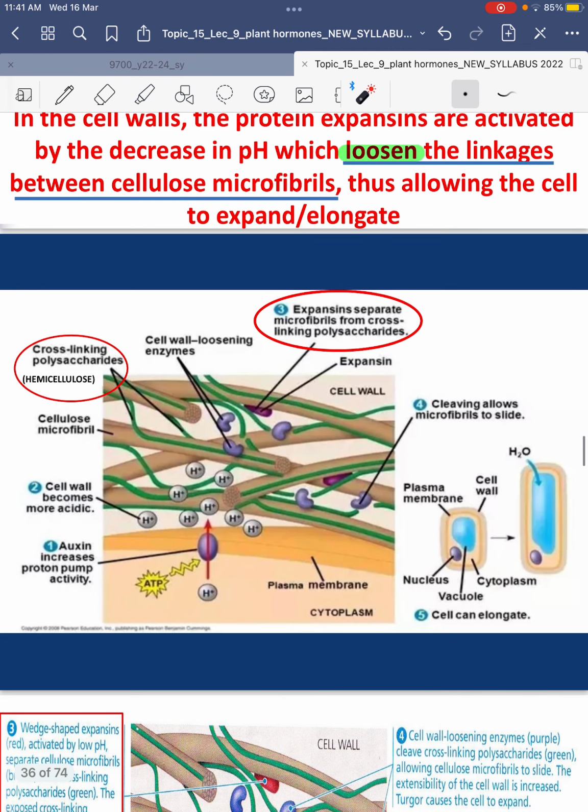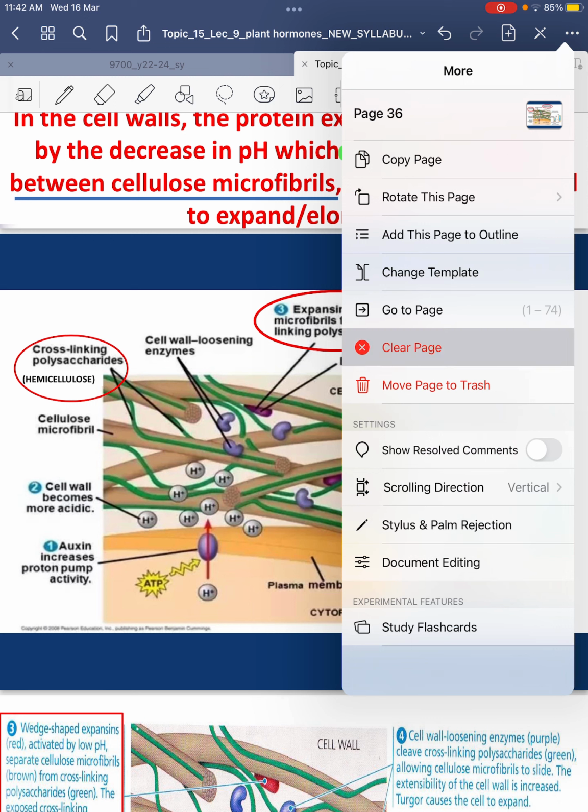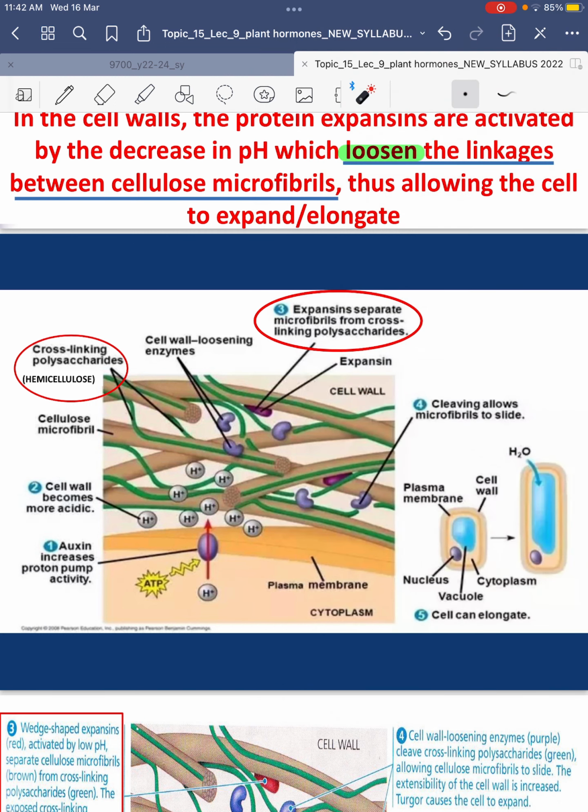Right, now this is from the same images that I provided yesterday with the Venus flytrap, except that we are not dealing with the Venus flytrap. It's just calcium. Entry of calcium causes the pumping of the proton.